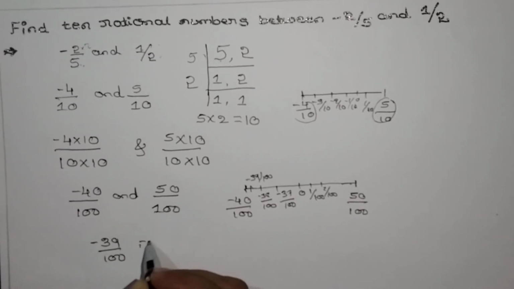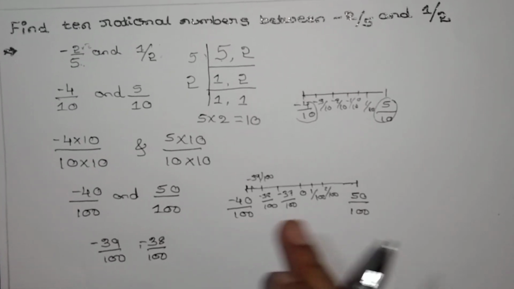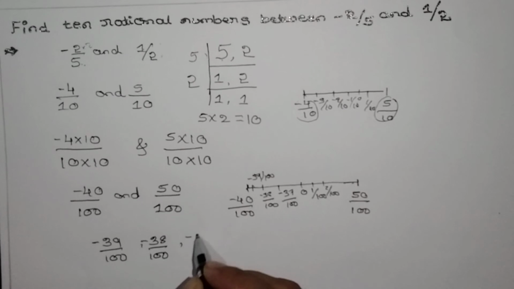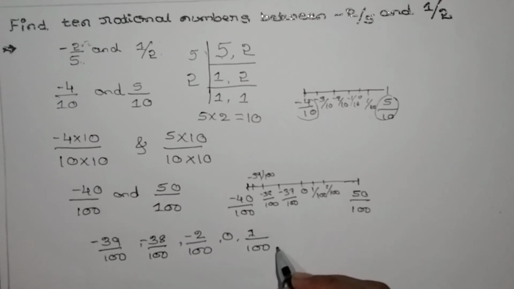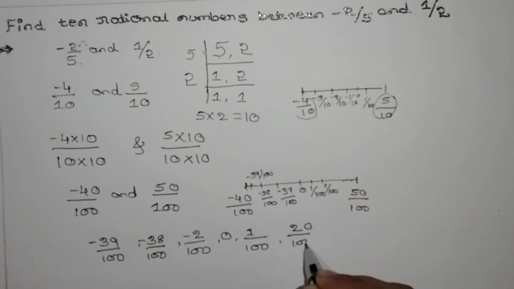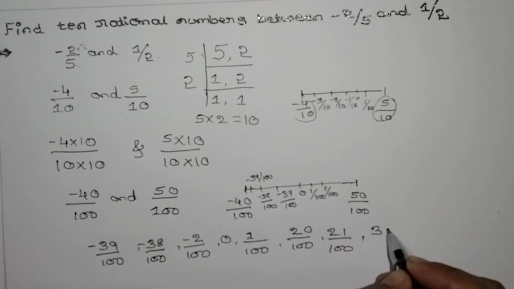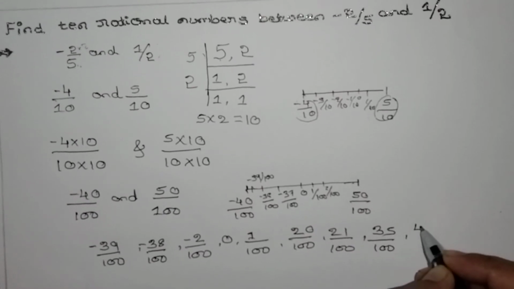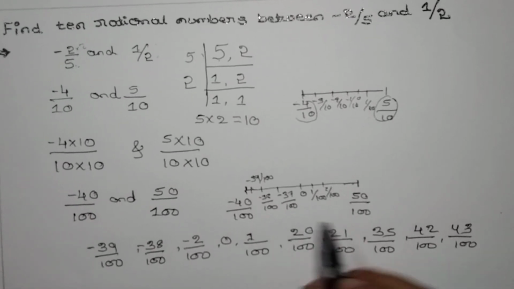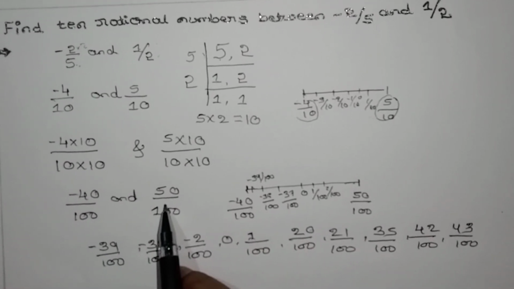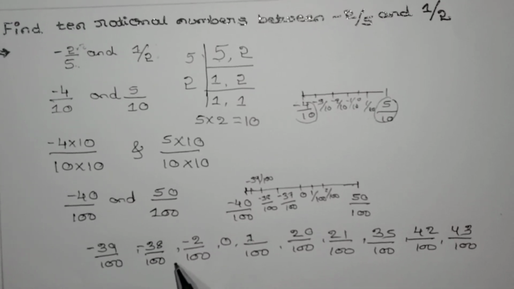We can take -39 by 100, -38 by 100, -2 by 100, 0, 1 by 100, 20 by 100, 21 by 100, 35 by 100, 42 by 100, 43 by 100, any numbers in between -40 and 50. Like this we can find 10 rational numbers, 20 rational numbers, in between any two rational numbers.